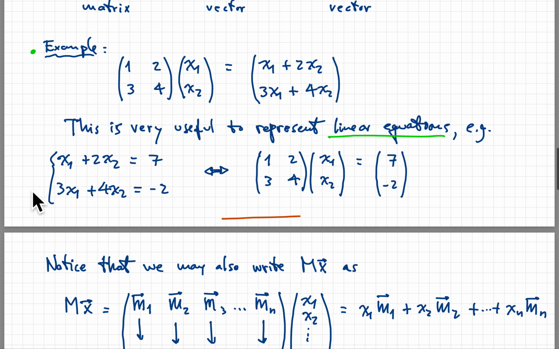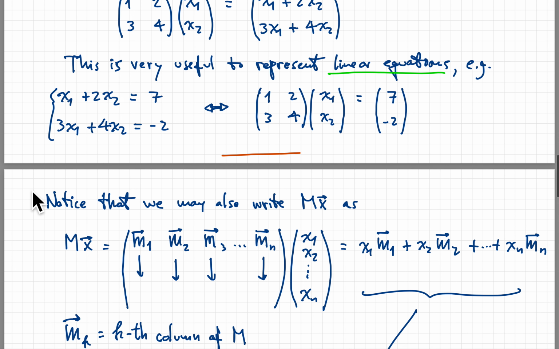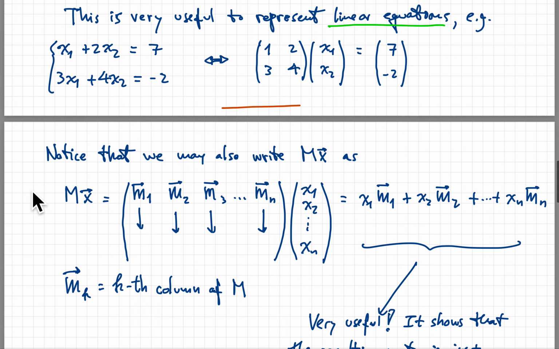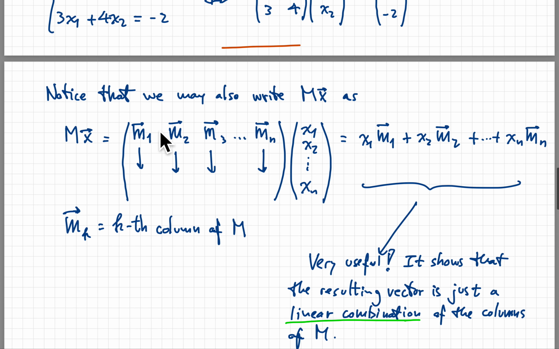Now, I want you to notice when you do matrix multiplication that what we just described is not the only way to do it. You may also write matrix multiplication by thinking of the matrix as a set of columns. So imagine our matrix M now as a set of columns that I'm going to call M1 vector, M2 vector, M3 vector, and so on. Imagine that these are column vectors, and I use arrows here to represent that there are numbers coming down here which are contained in this vector.